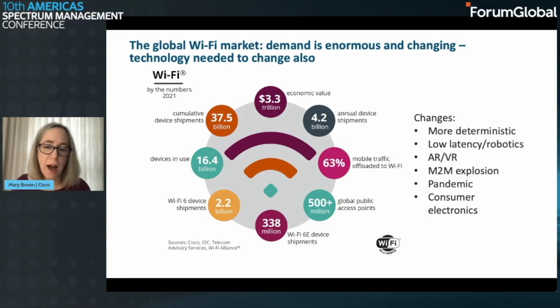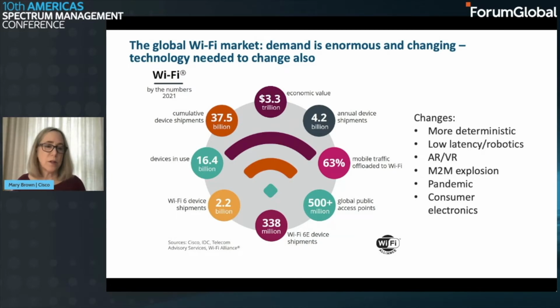And of course, we have machine to machine, the explosion in connectivity as more devices become connected so that enterprises can understand where devices are, if they're operable, what's working, what's not. And some of these deployments are extremely dense.